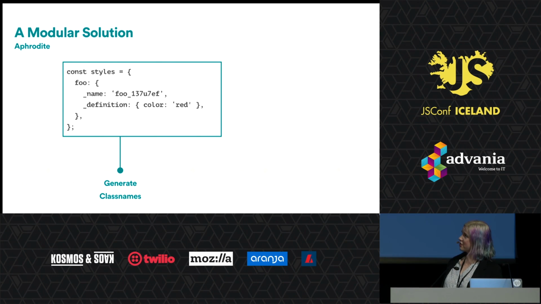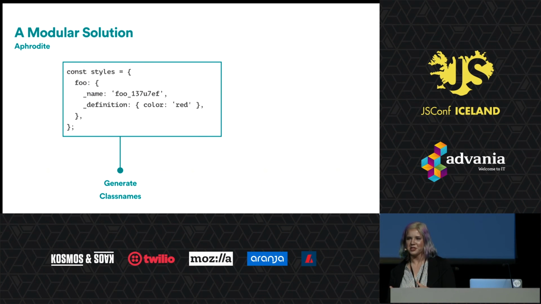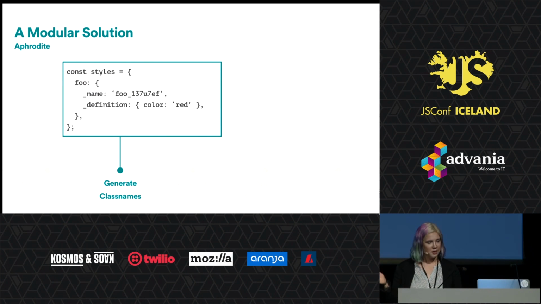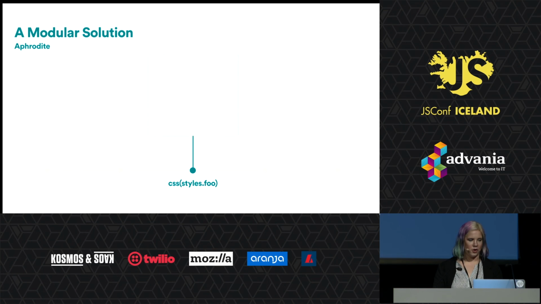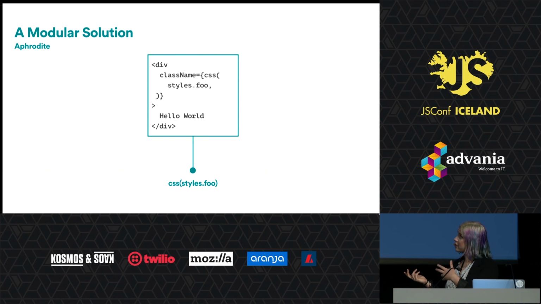What Aphrodite does under the hood is essentially transpile that style definition object into something it can understand. Notably, it hashes the key of your style and creates a class name for it, and then does any special selector handling to generate the actual CSS. You reference these style objects on your individual DOM elements using the css method.